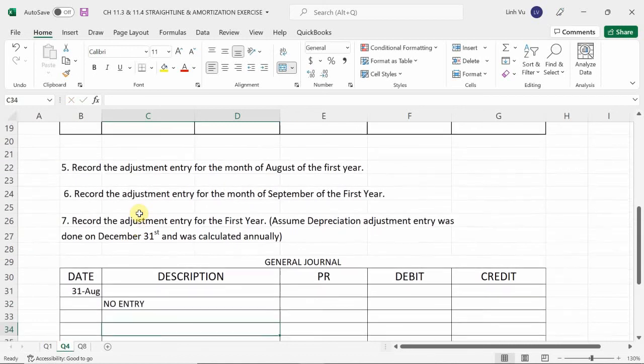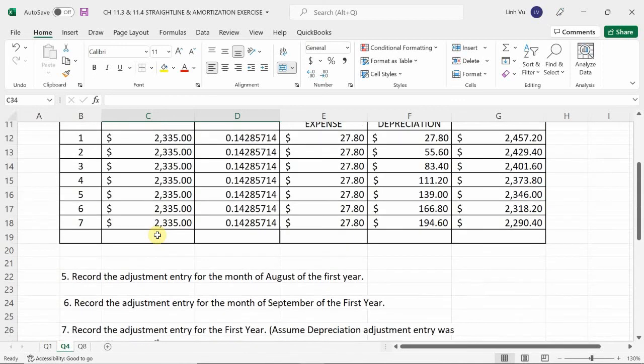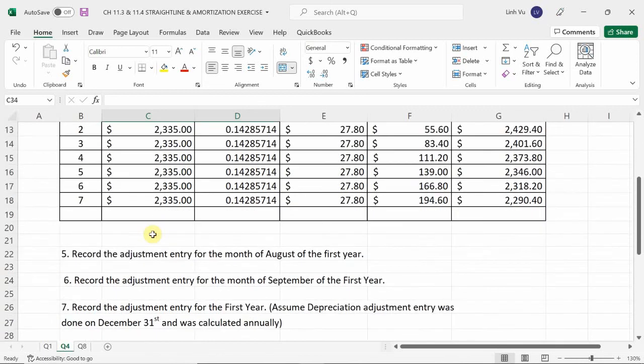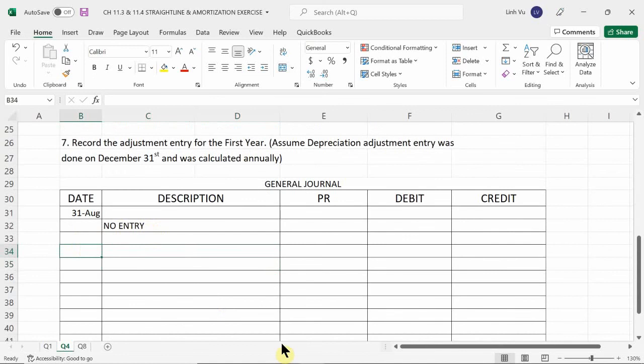Right? So now question number 6 says, now record the adjustment for the month of September. Okay, so in September, what was my first month's depreciation expense? For September, $27.80, right? So September 30th, what should my journal be?